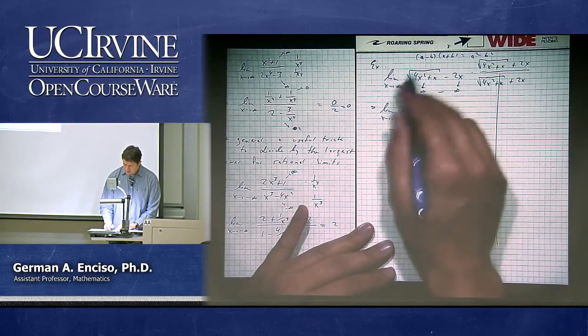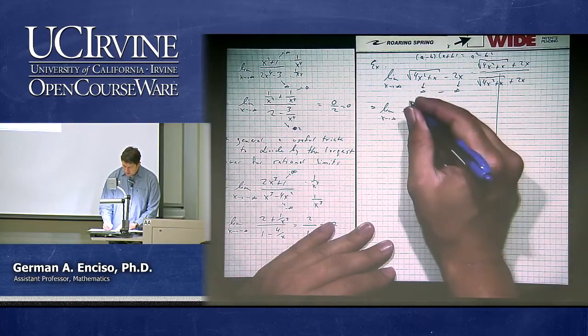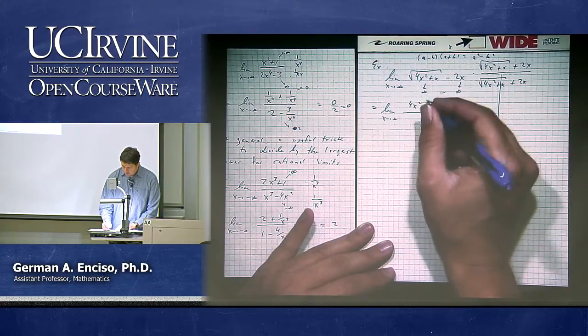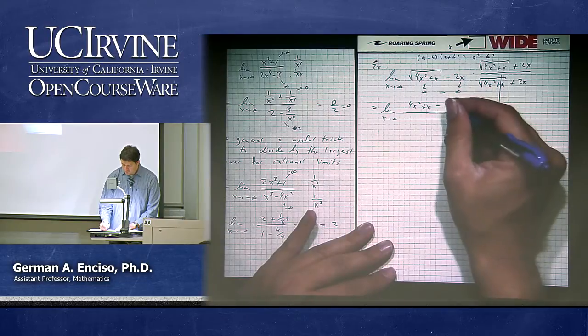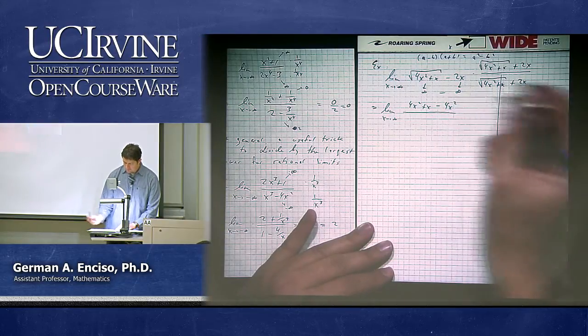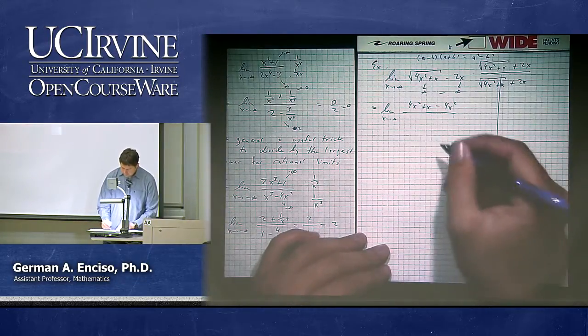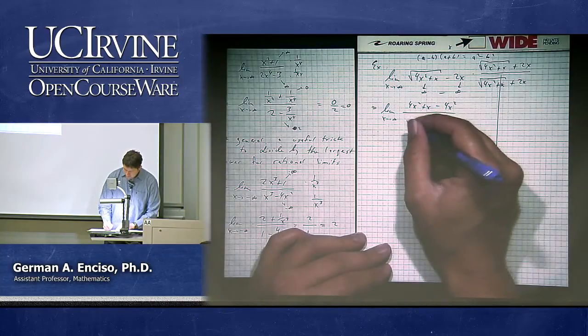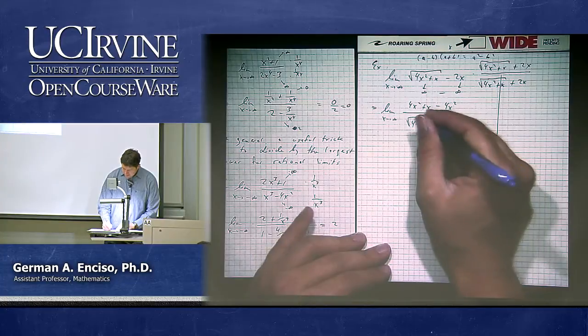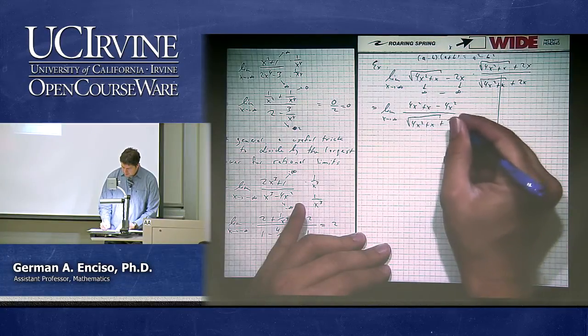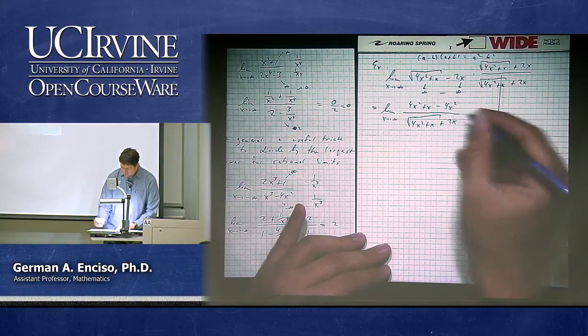So in this case, it's this expression squared, 4x squared plus x, minus this expression squared, 4x squared, divided by the square root of 4x squared plus x plus 2x.